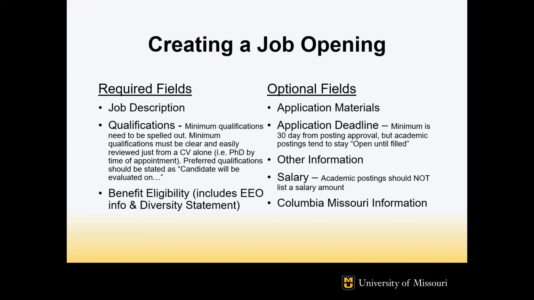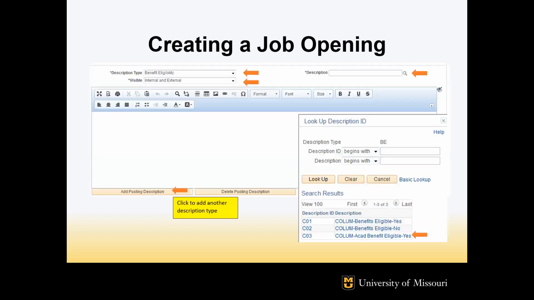Again, this is to protect you. If you write $80,000 on the salary and then you want to hire the person at 81, we would not be able to do it. So it's best just to leave it blank and say, depending on your qualifications, and then you'll have a much wider range that you can hire with.